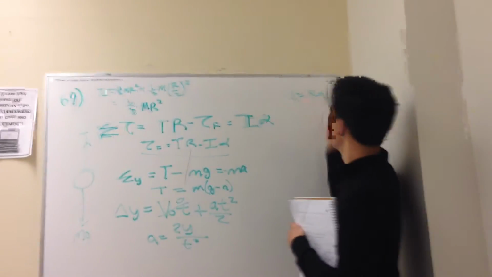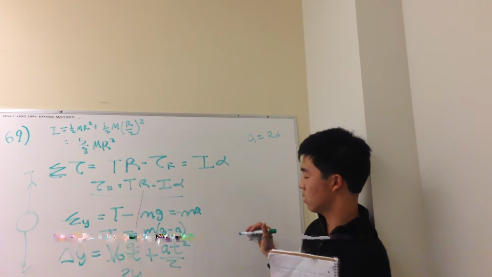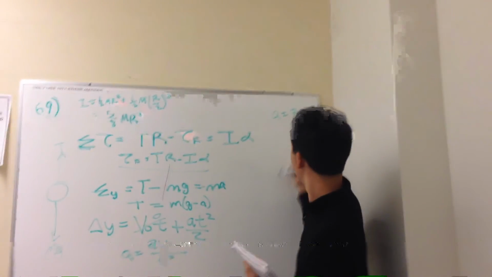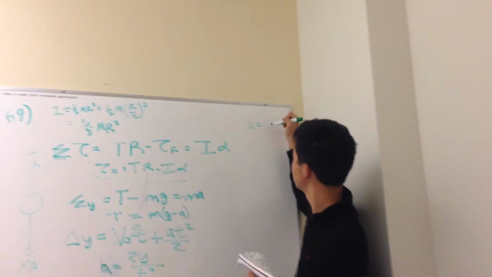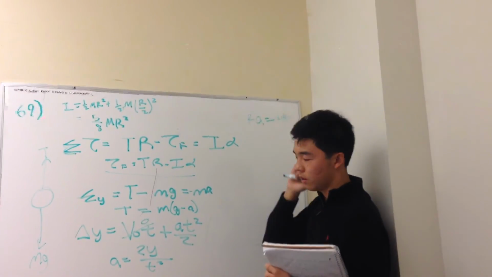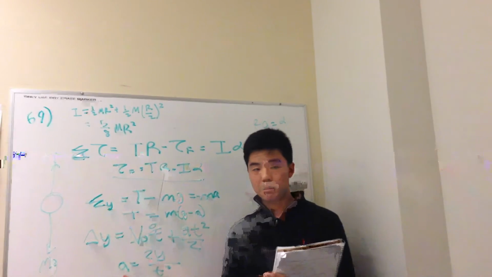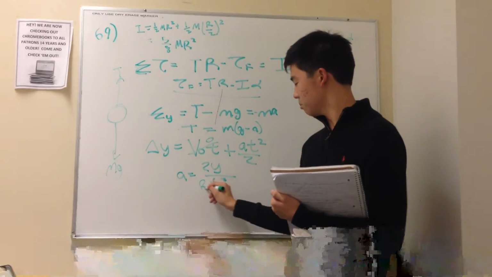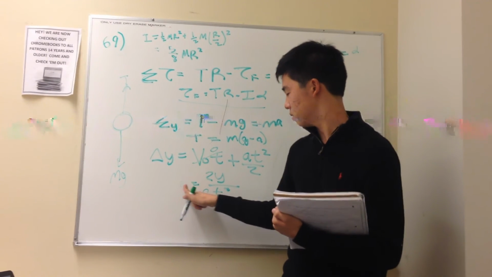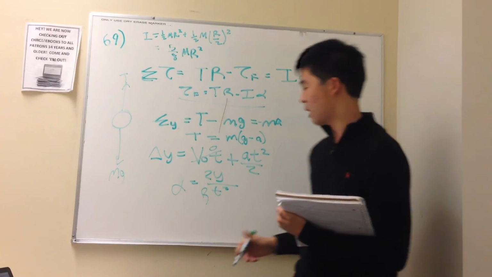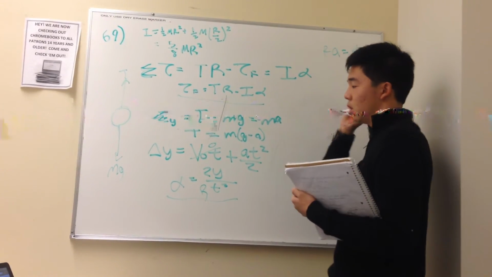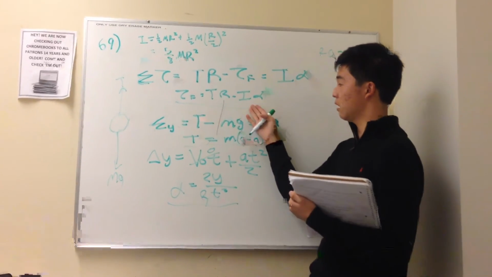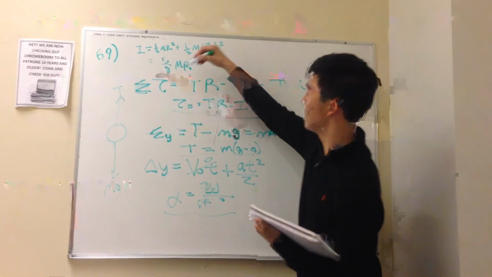Now, with the equation a equals r alpha, alpha equals a over r. If we have the linear acceleration and put an r on the bottom, this becomes angular acceleration. So now we have the angular acceleration, we have what tension is, and we have our moment of inertia.